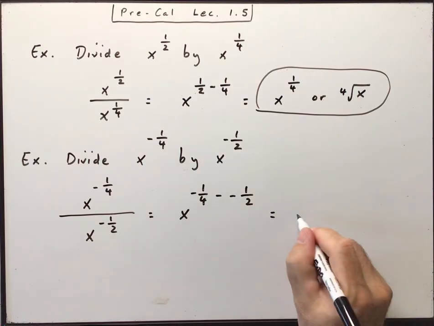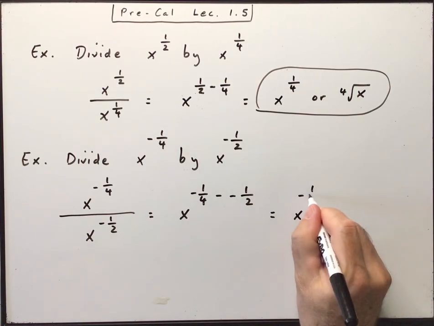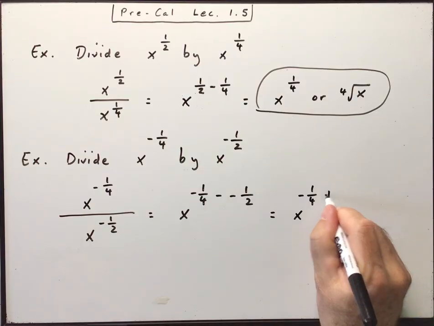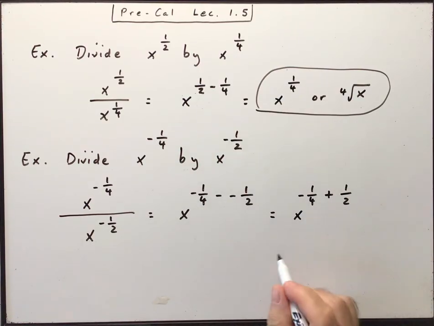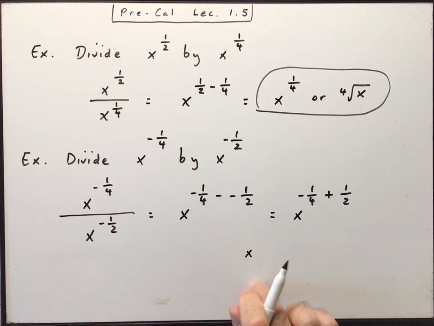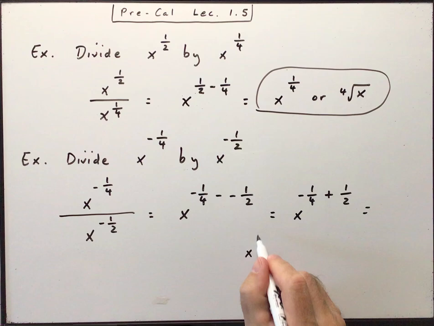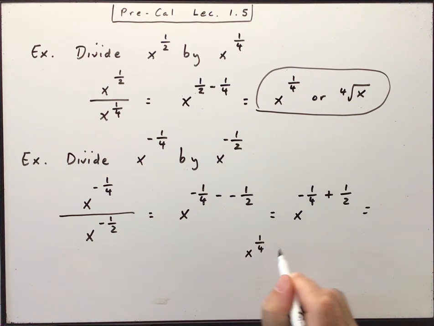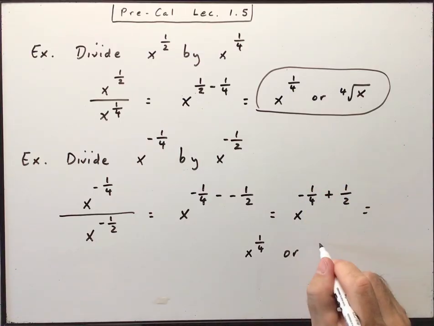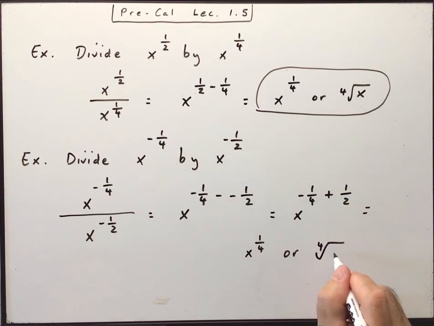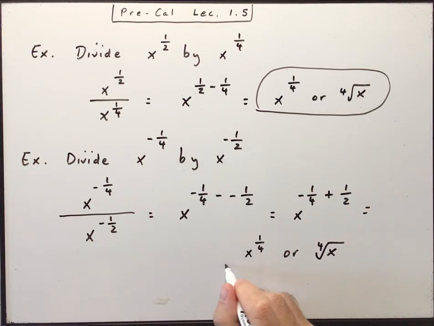Well, two negatives make a positive, so that's x to the minus 1/4 plus 1/2. Negative 1/4 plus 1/2 would be x to the positive 1/4. So the same answer as the previous example, or the 4th root of x.